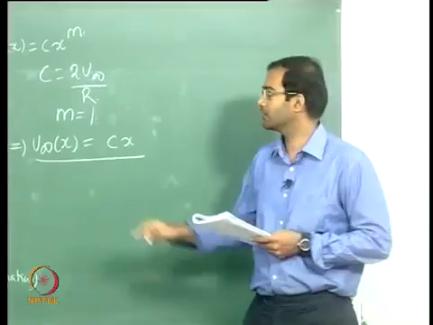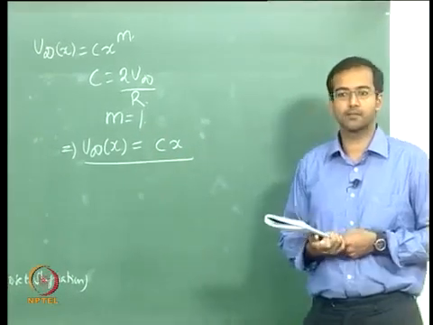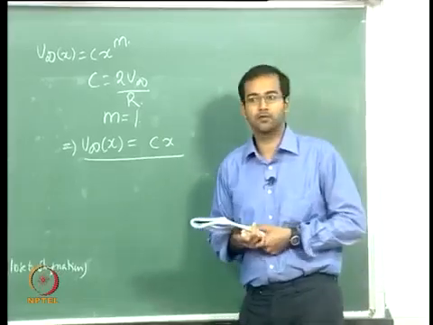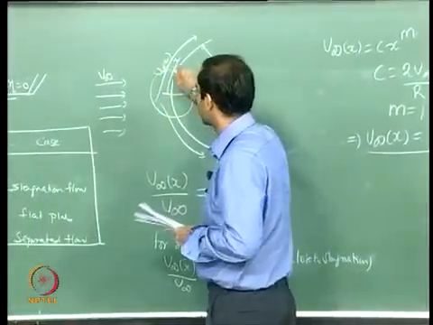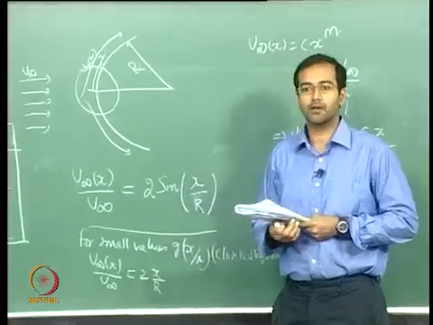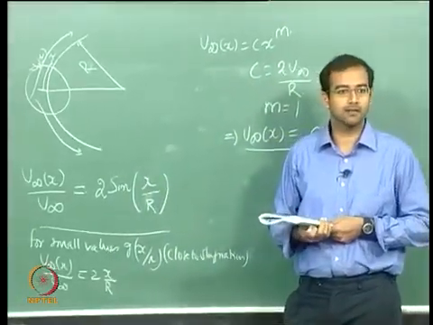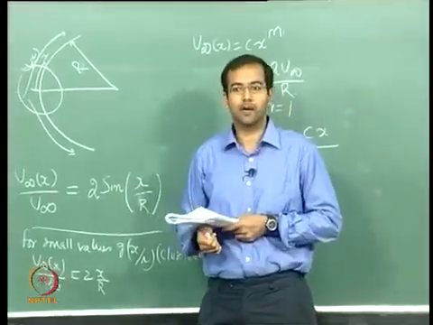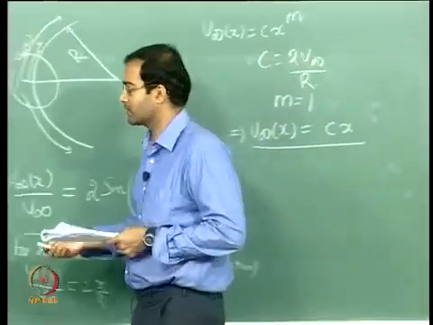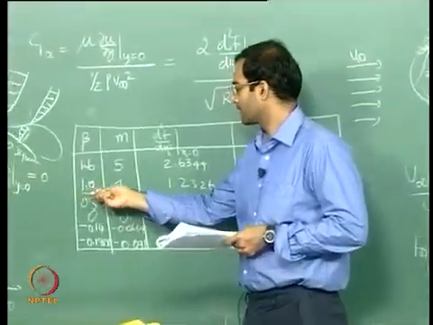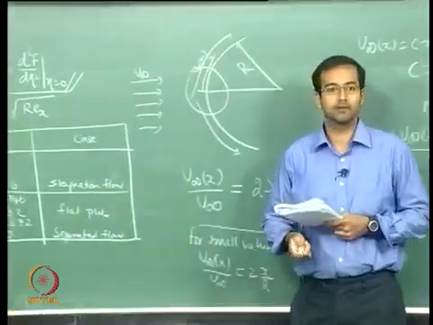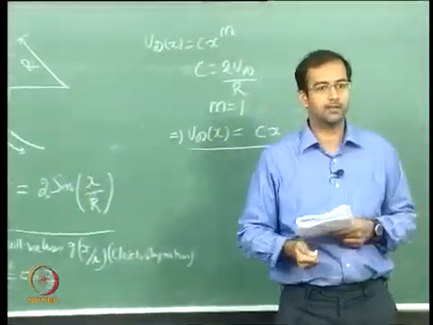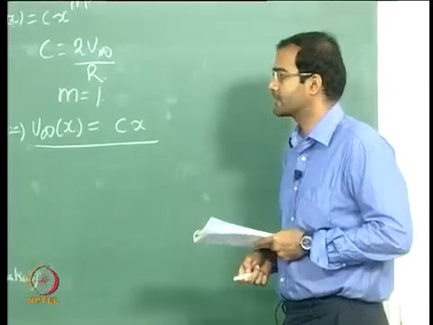So what kind of flow does it mean? Stagnation point flow. So when you are looking at the region close to the stagnation, even for a curved surface like a cylinder, you can approximate the flow pattern to be similar to the stagnation point flow, for which we have already calculated the profiles and the curvature at the wall. So this is a very important thing.